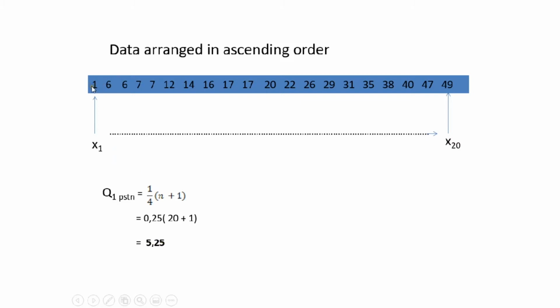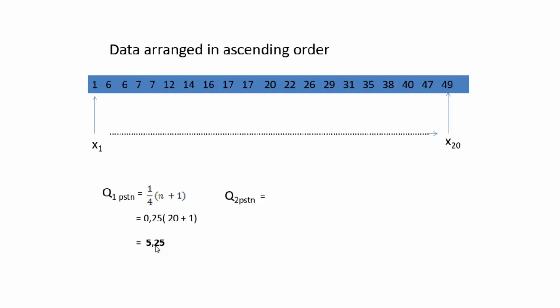So if 1 is position 1, 6 is position 2, 6 is position 3, 7 is position 4, 7 is position 5, it means the lower quartile will exist between the 5th value and the 6th value, because that is where we will find this 5.25. We need to remind ourselves that when we use this formula, we first identify the position of Q1.